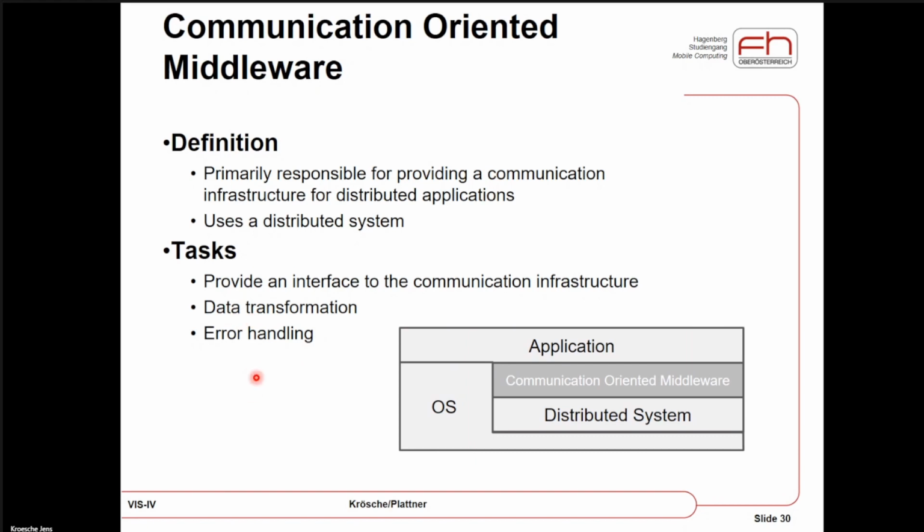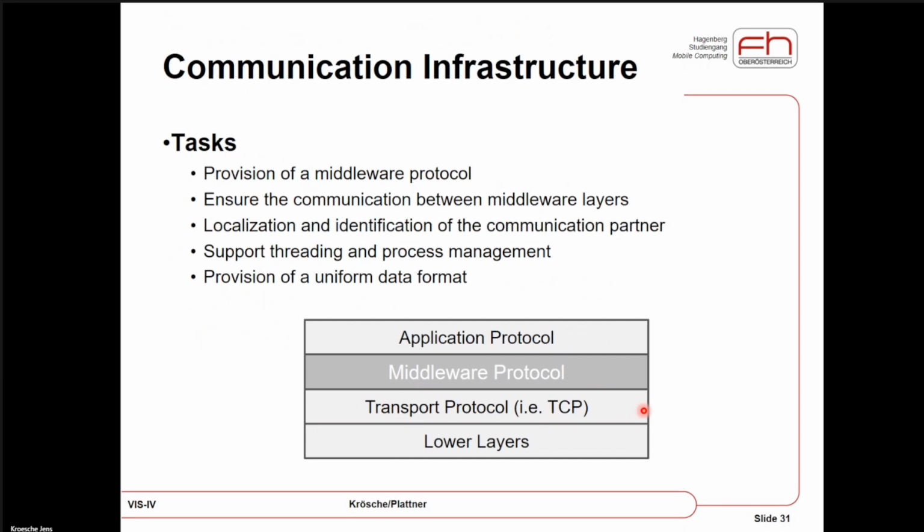And of course, the error handling as well. That's basically the idea. So our application uses the distributed oriented middleware, which is sitting on top of the distributed system of some kind. And communication-oriented middleware, of course, uses typical TCP communication most of the time and does whatever we already did.